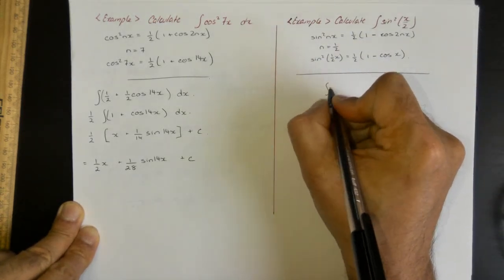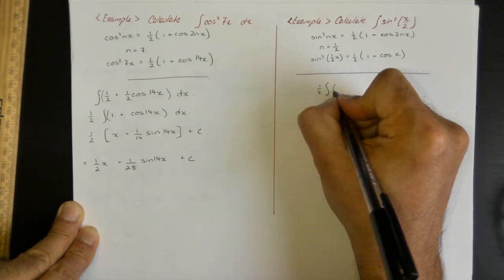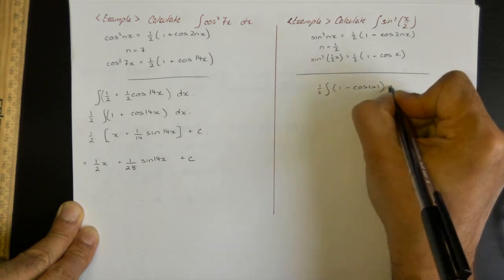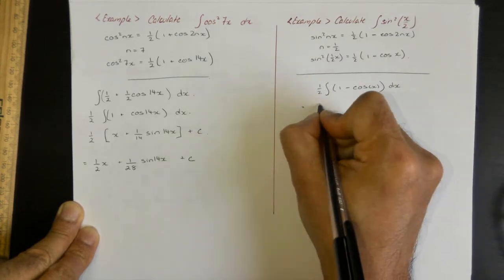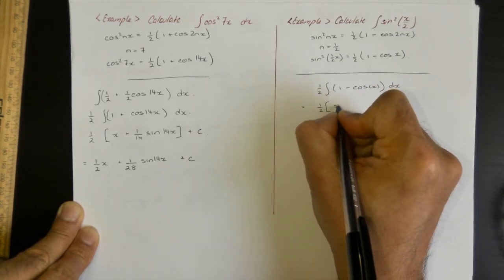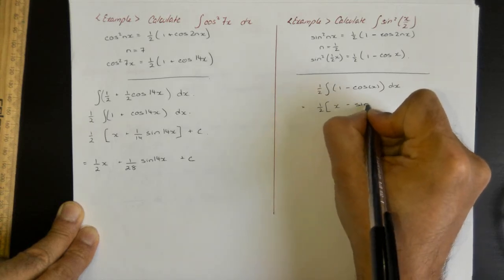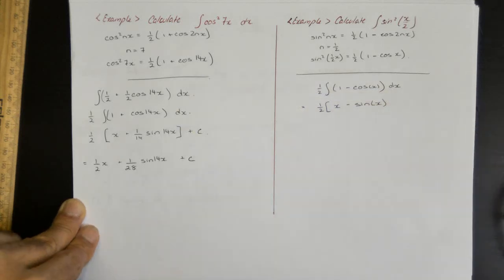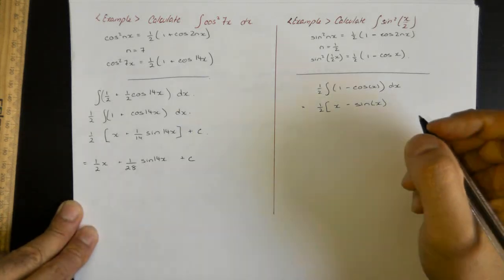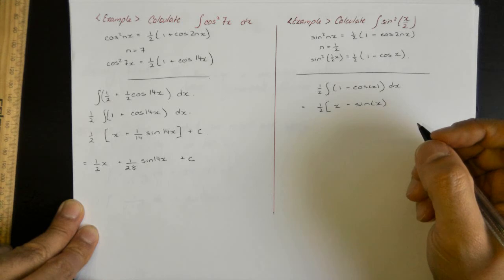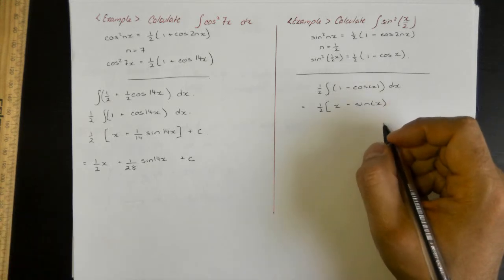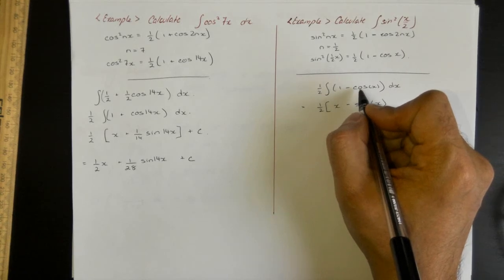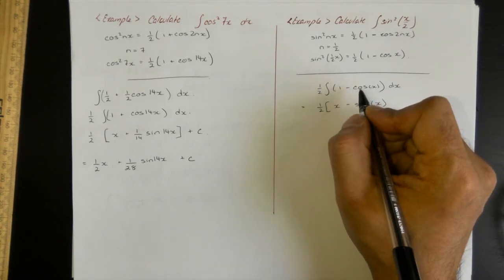So it's going to be the integral of a half of 1 minus cos x dx, giving sine x, positive sine.